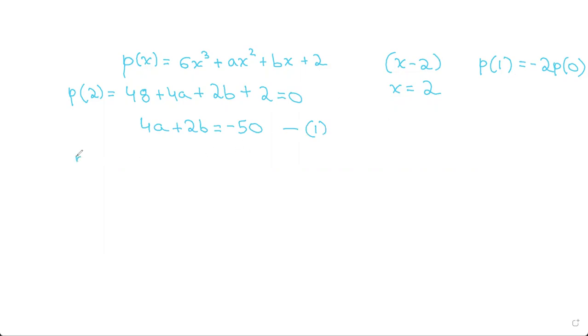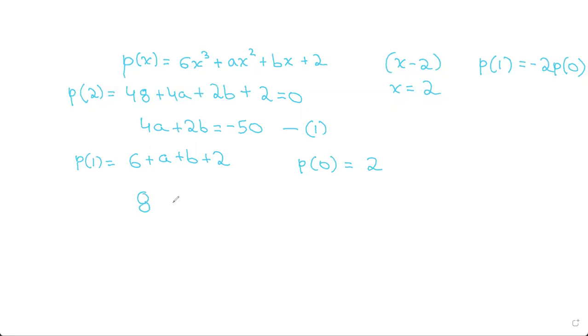Now let's use this condition. Let's first find P of 1. P of 1 is 6 plus A plus B plus 2. And P of 0 is 2, because these get cancelled out as anything multiplied by 0 is 0. So now we know P of 1 and P of 2. And P of 1 is minus 2 into P of 0.